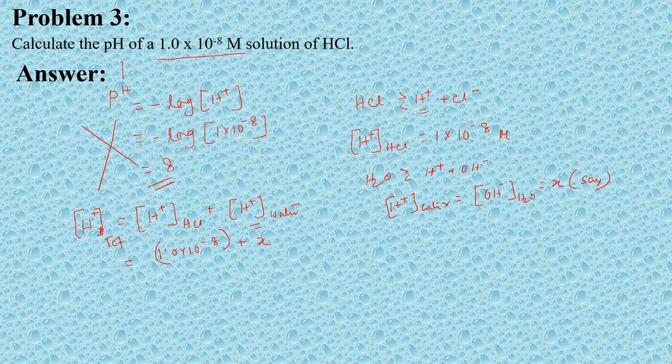So we know that H plus concentration into OH minus concentration is equal to 10 to the power minus 14.